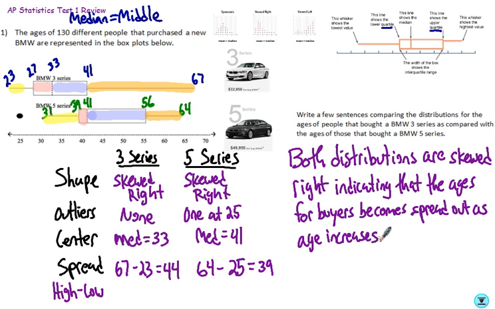And one thing we probably should sneak in there is that it becomes more spread out. So let's slide in a "more" there. Yeah, so that means it becomes more spread out as age increases.